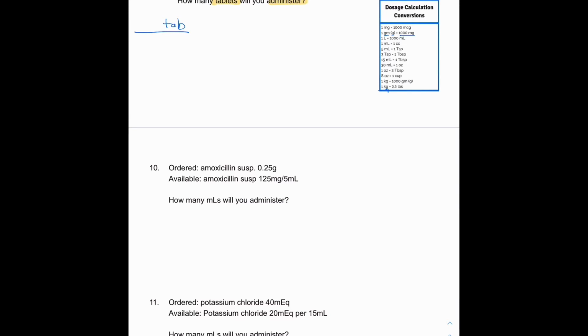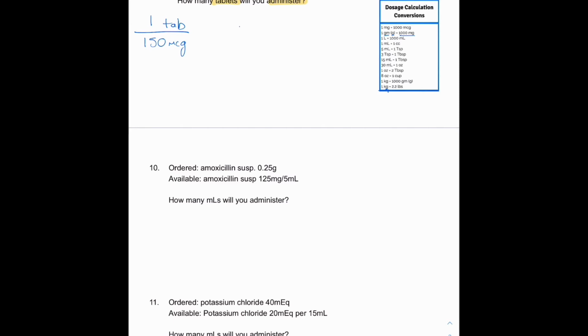Our problem tells us we've got one tablet, has 150 micrograms in it. We need to get rid of micrograms out of the bottom. We do have something in our problem that has micrograms. It's going to allow us to do that.